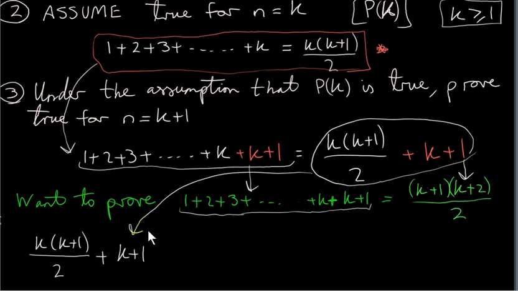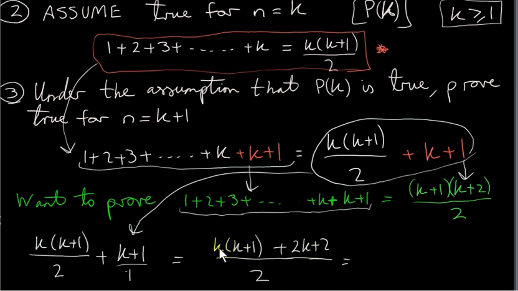So I've written this over here, and we just have to write this in hopefully this form here. So we can get a common denominator of 2, and 2 into 2 goes once, 1 times k plus 1, k times k plus 1 is k times k plus 1, plus, now we divide 1 into 2, which goes twice, 2 times k plus 1 is 2k plus 2.